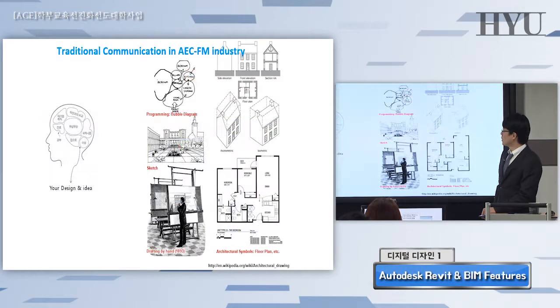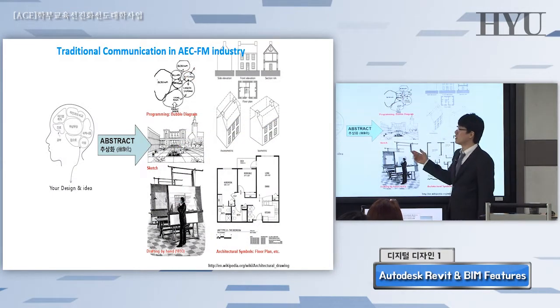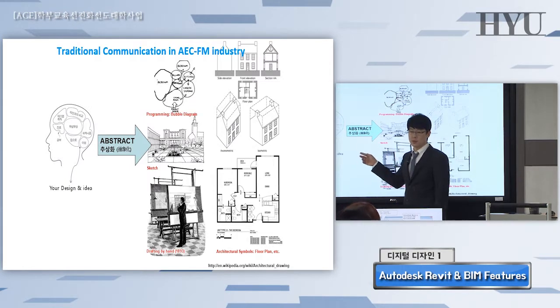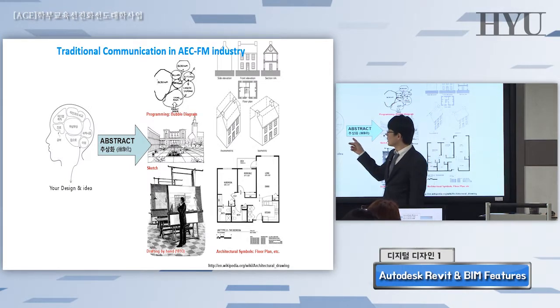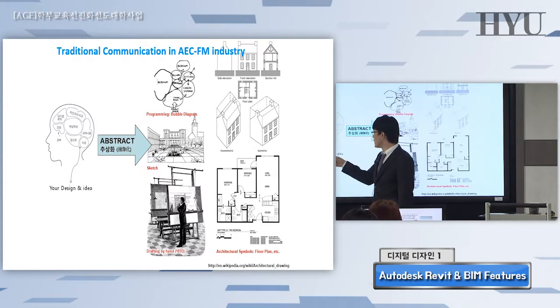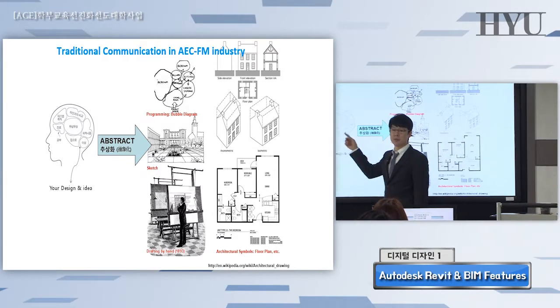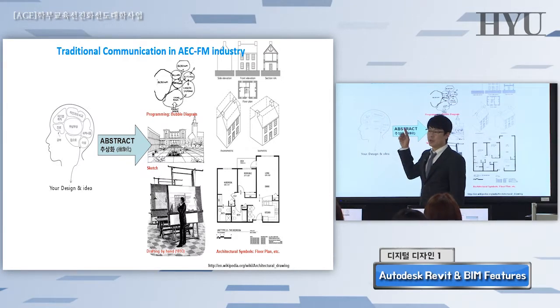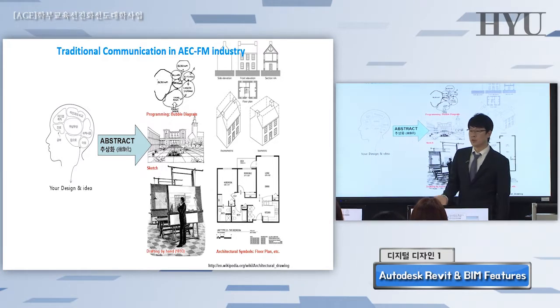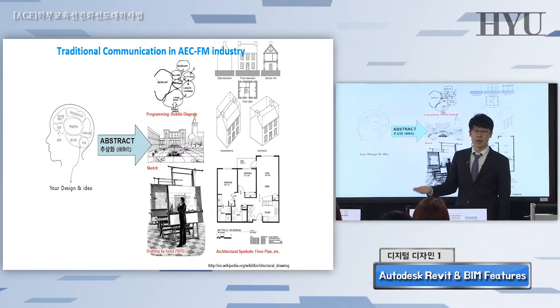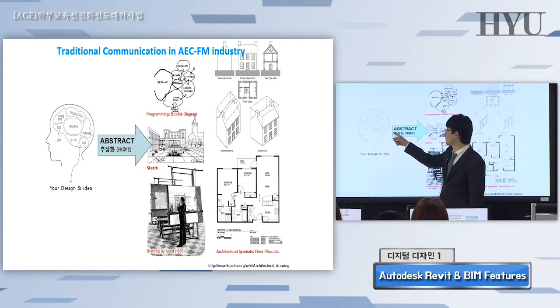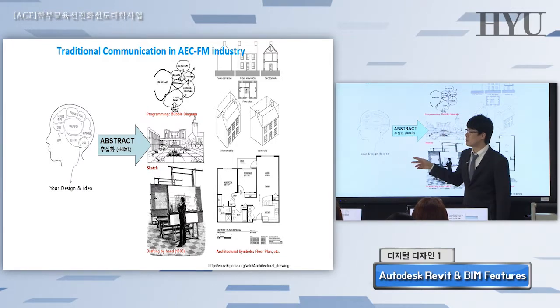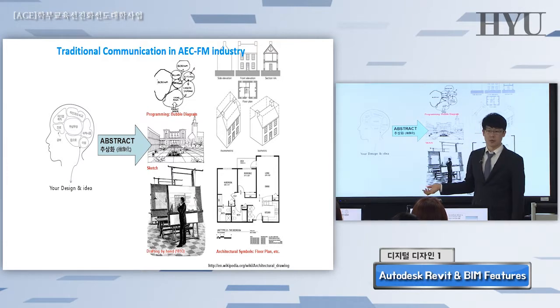That's it. So what you have done in the design process, simply say, your design and concept is somewhere in your brain, okay? It's invisible to others. It's only visible to you. Even for you, it's still vague. It's still ambiguous. You have to make abstraction, okay?